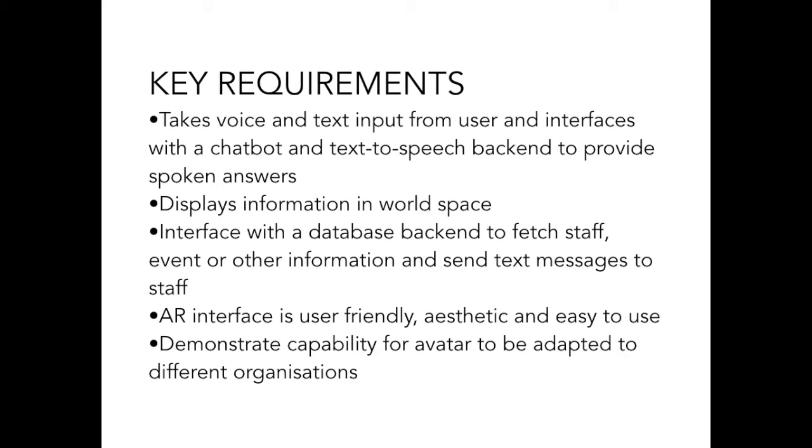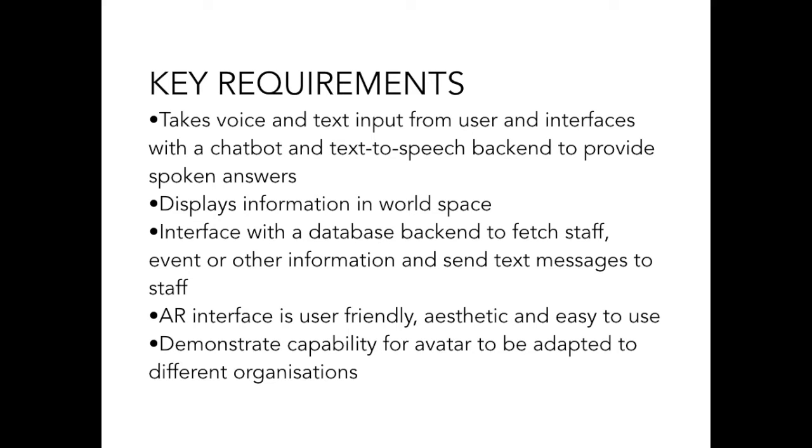Our key requirements are to have an animated avatar that appears in world space on a mobile phone and uses voice recognition and voice synthesis to have a conversation with the user where it gets appropriate answers from a chatbot backend. It can answer basic questions about an organization by fetching information from a database backend, for example, information about staff, events, or the history of the organization.